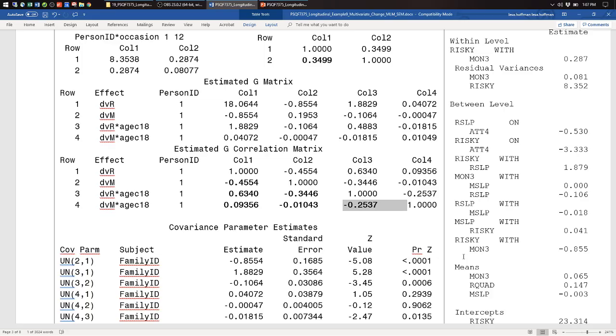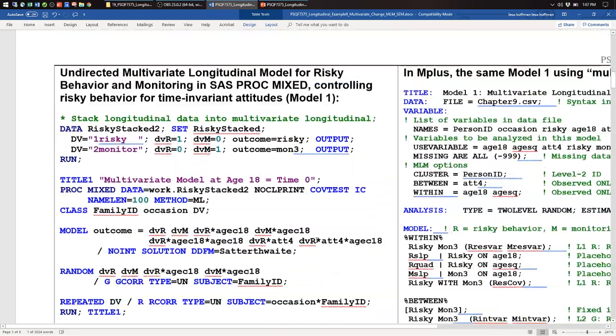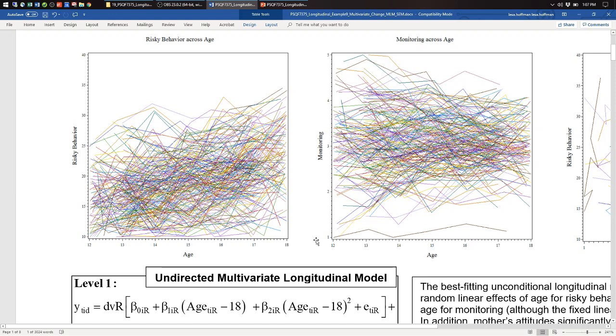And the reason I say that is because on average, risky behavior increases. So I would phrase this as grew more or grew less, because everything is going up. Monitoring, though, is flat on average. So some of the moms decreased their monitoring, some of the moms increased their monitoring.